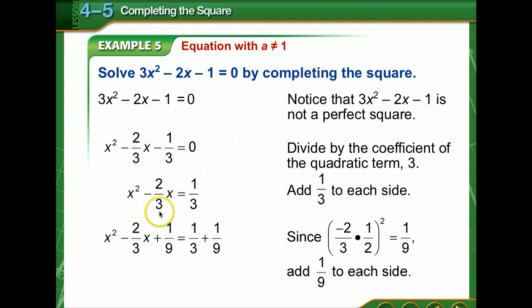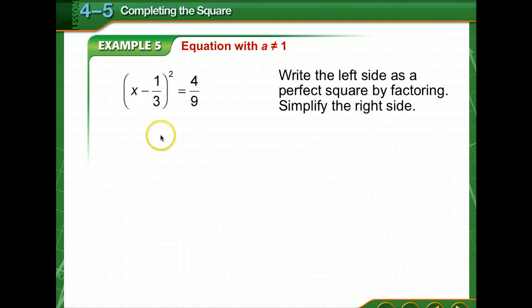You're going to take half of negative 2/3, so negative 2/3 times 1/2. You're going to end up with negative 2 over 6, which is negative 1/3. We're going to square it. That's going to make 1/9. So we're going to add 1/9 to each side. So we can rewrite it: x minus 1/3 quantity squared is equal to 4/9.